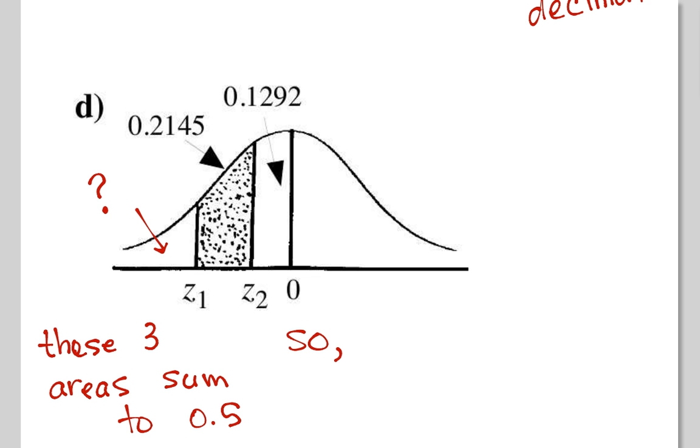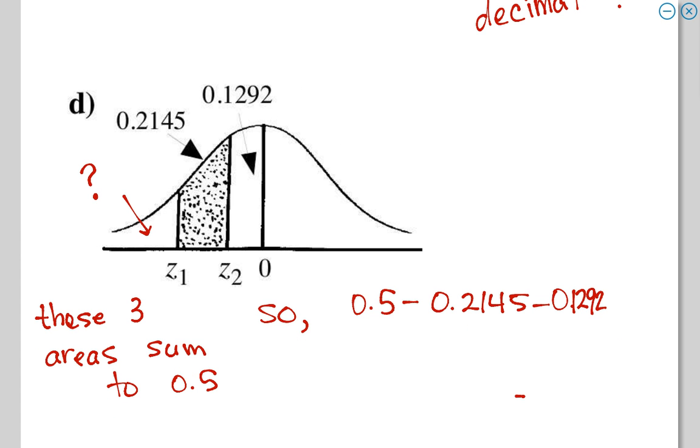So 0.5 minus 0.2145 minus 0.1292. I got 0.1563.